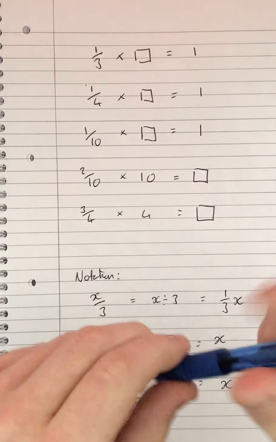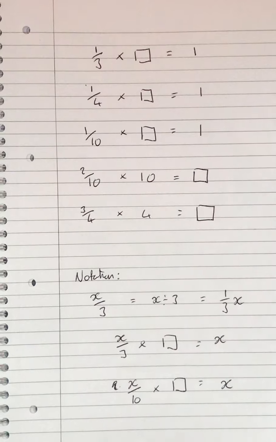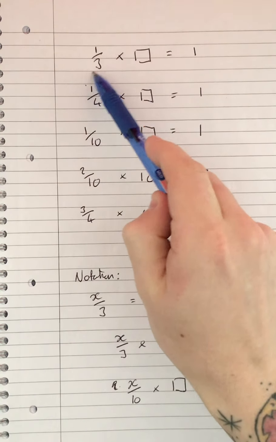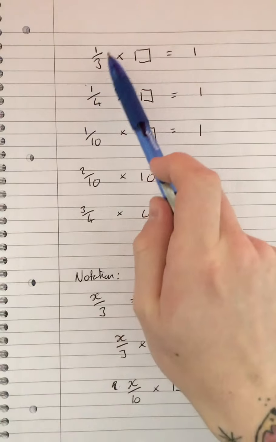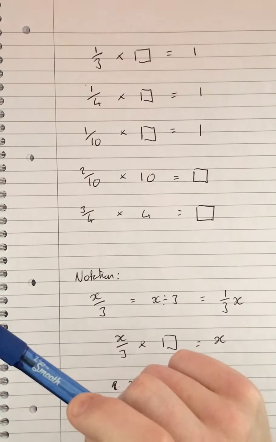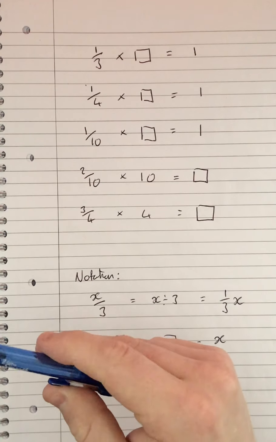Okay guys, so before we move on to the equations we're going to look at today, we just need to recap what we know about fractions. If you've got 1/3, what would you have to multiply 1/3 by to make a whole one?